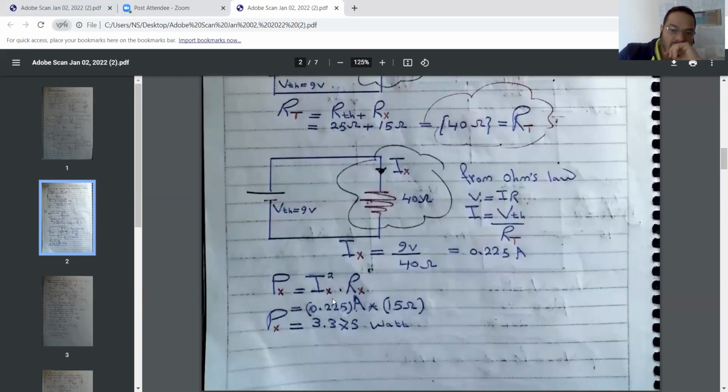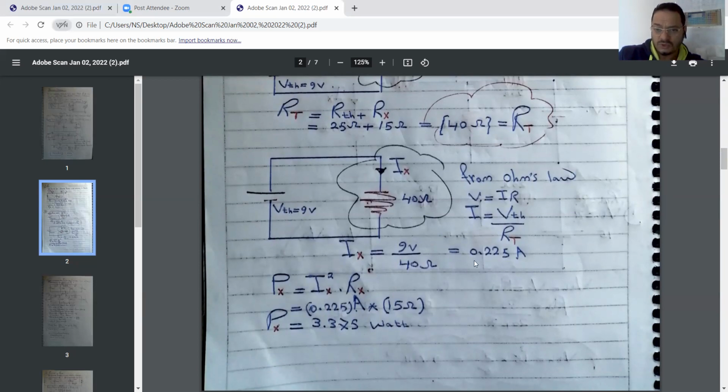Here, I forgot to put the square, because the last result is 0.759 watt, because I use the power rule, equal to the square of the current dot the resistance.